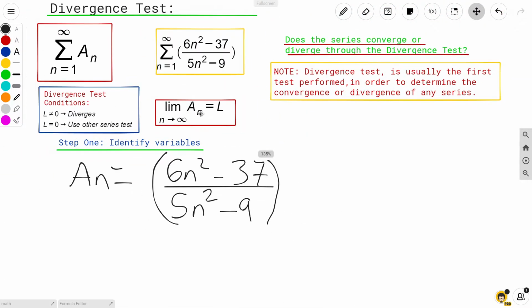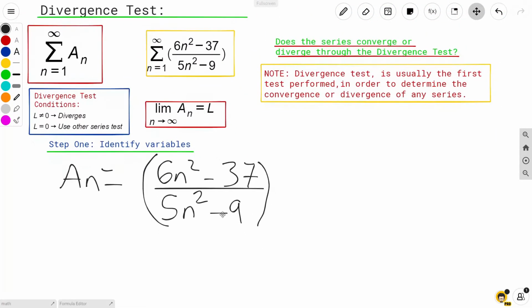So for step 2, we're simply taking the limit, L, and based off what L is, we can tell whether the series converges or diverges by using the divergence test conditions.